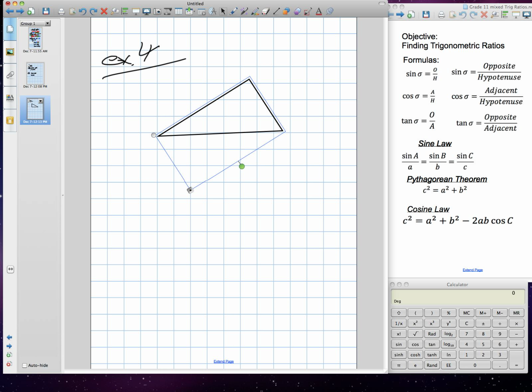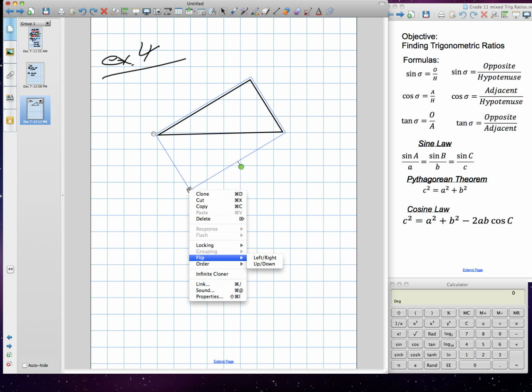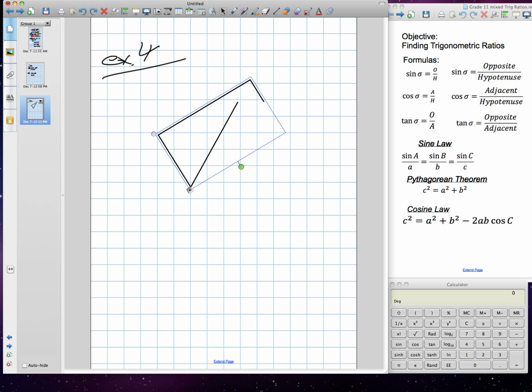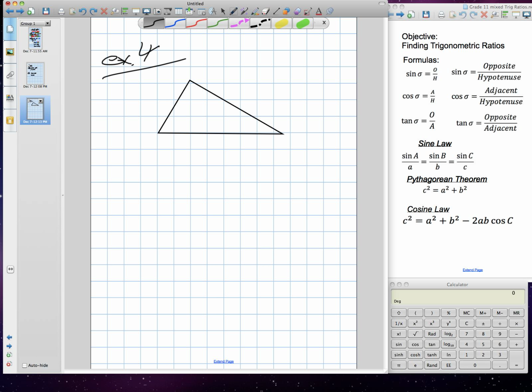There we go. So, in their question, they have a right angle. This is the side X they're solving for. The base of the triangle is 9.2 centimeters. And this angle is 28 degrees. Okay? So, we got to start to make sense of this stuff.